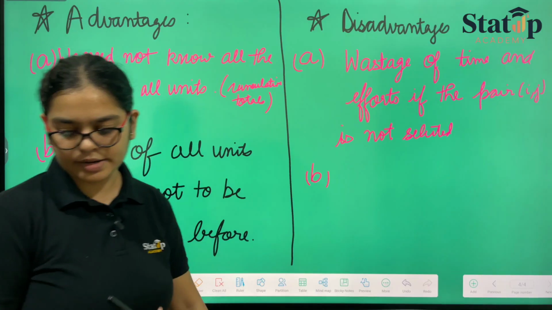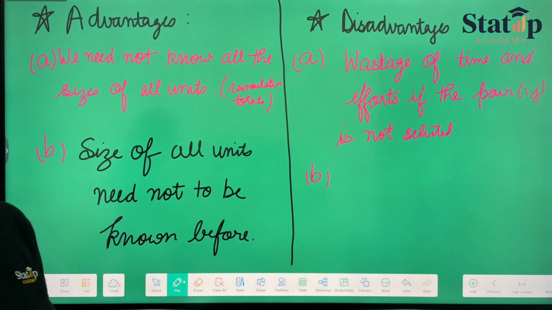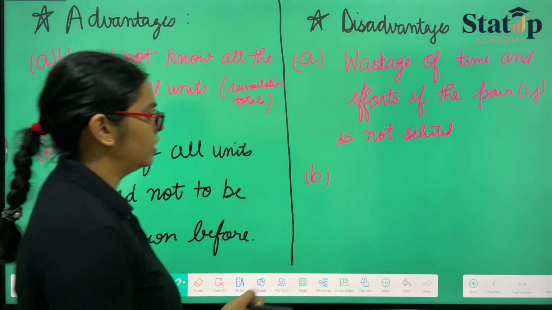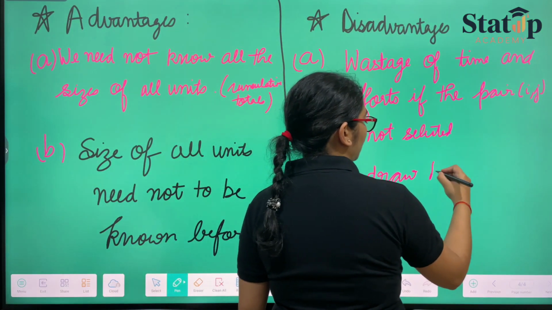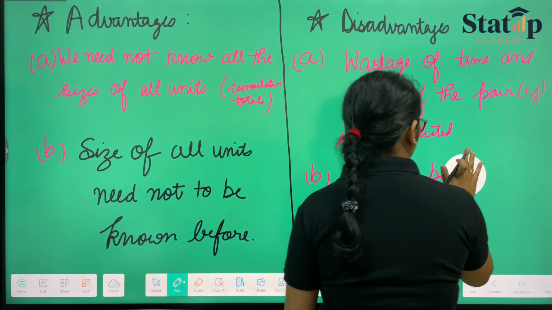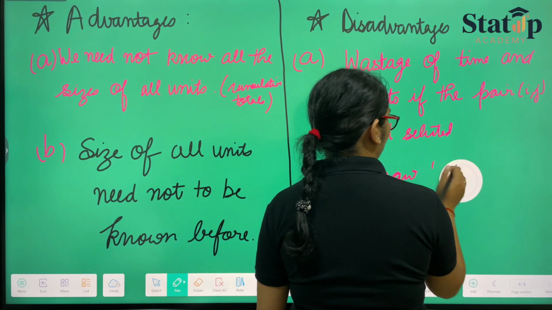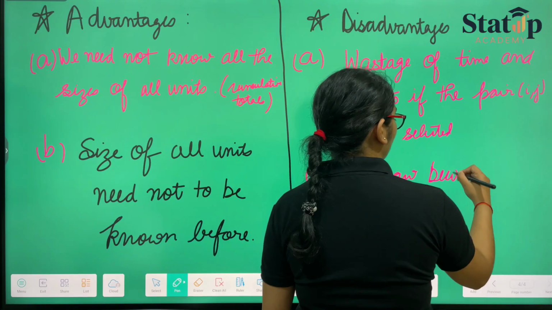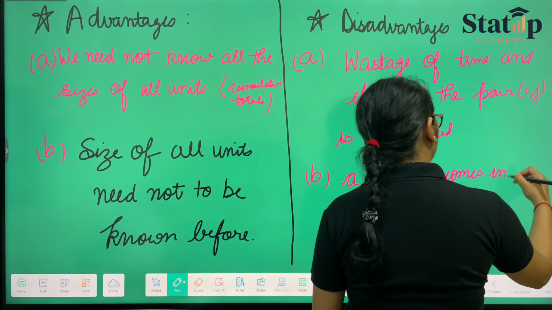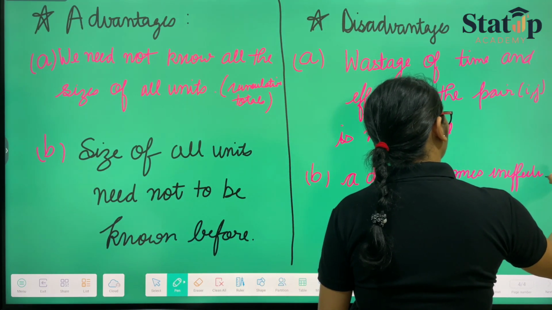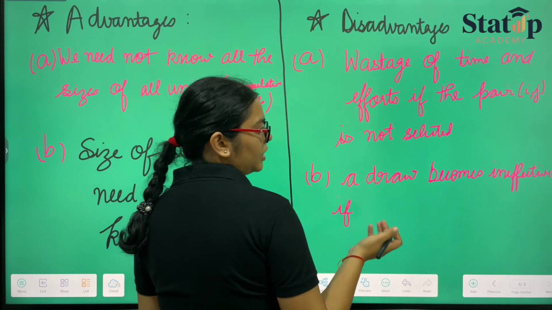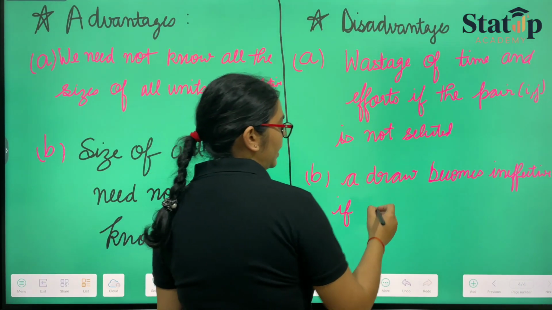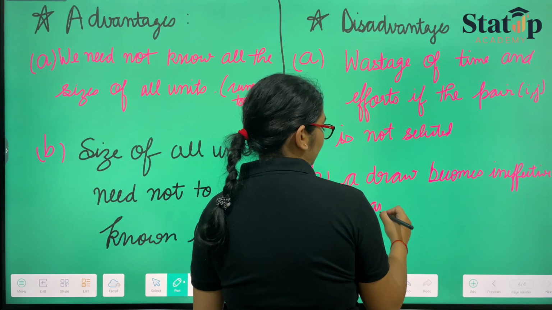The second disadvantage is that a draw is ineffective if one of the ineffective random numbers is selected. A draw becomes ineffective if any ineffective unit is selected.